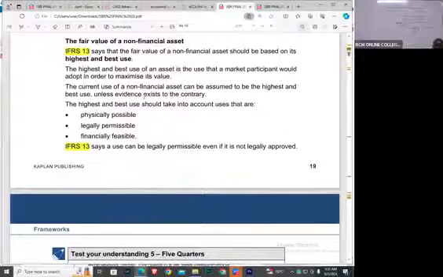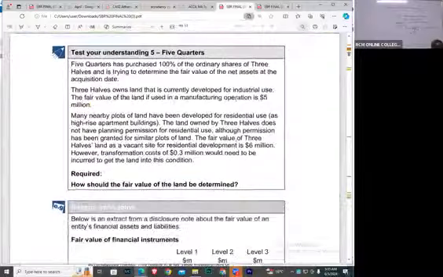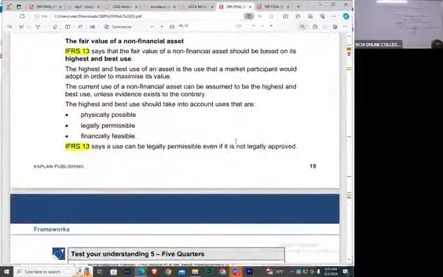IFRS 13 says a use can be legally permissible even if it's not legally approved. For us to understand, legal approvals, you can always look for approvals, especially if other people have gotten approvals in that particular area.